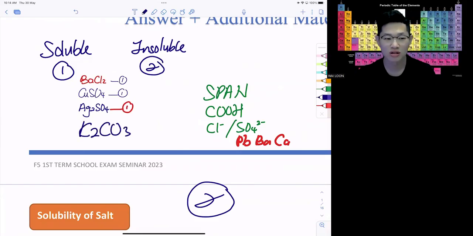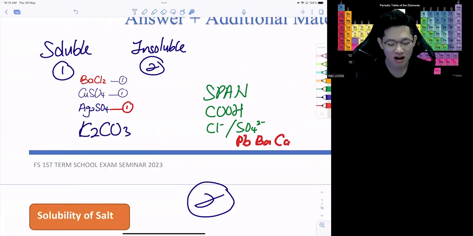Last one. K2CO3, soluble or not? Okay, good. Listen to what uncle said. Go through one by one. Don't simply guess.